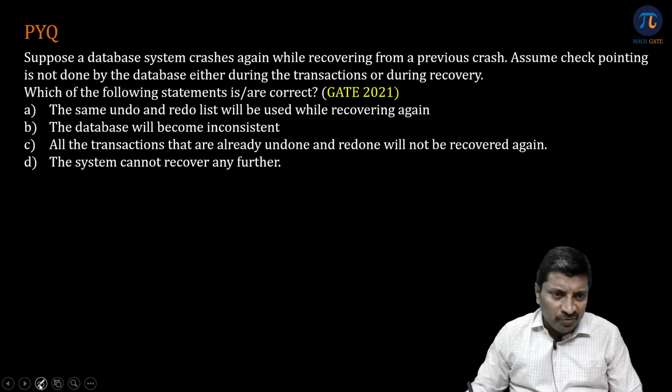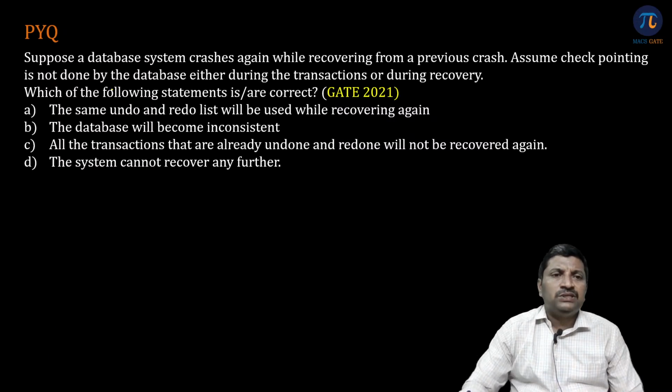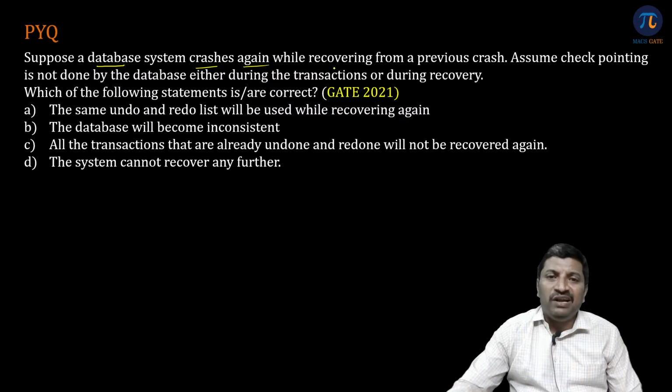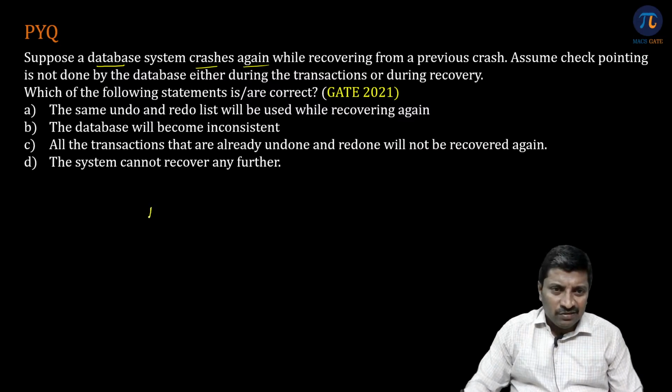Let us see one more previous question, sir. Suppose a database system crashes again while recovering. That means we got a crash. Again you are doing recovery. There is a crash, so you started recovering.